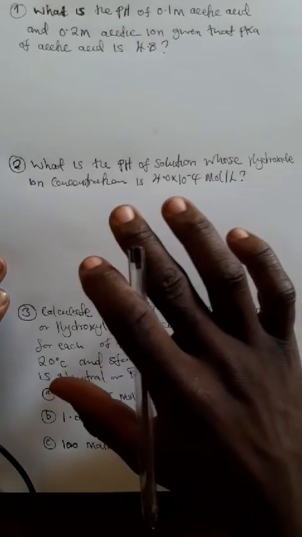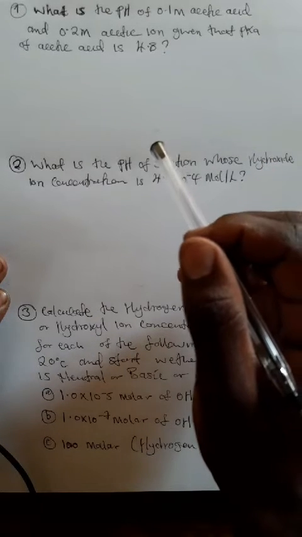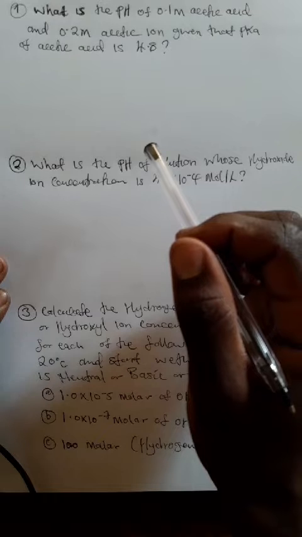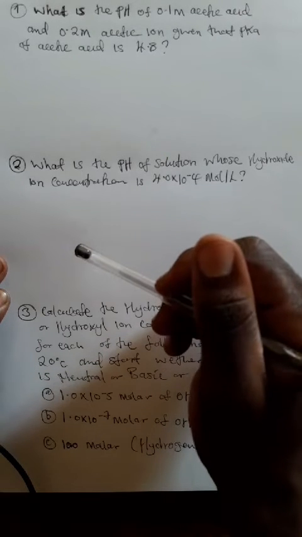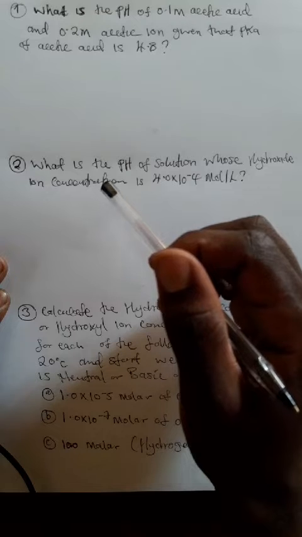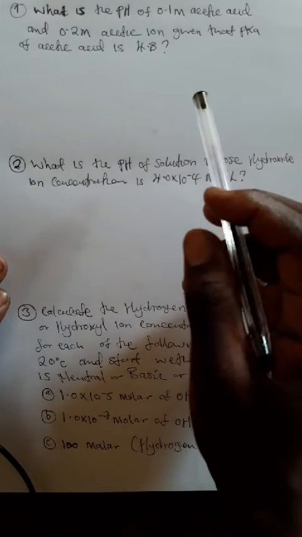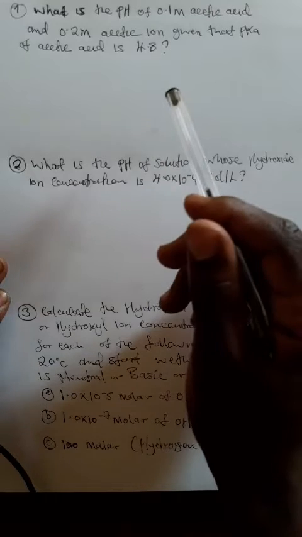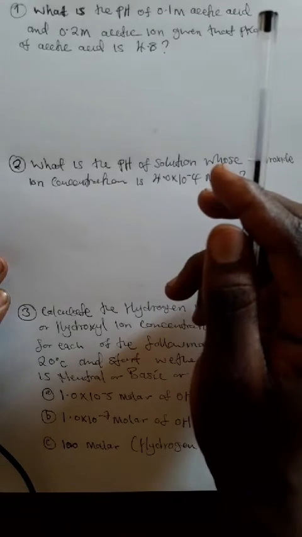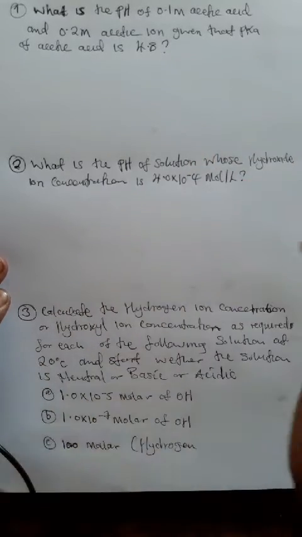deriving the formulas from. So now the first question says, what is the pH of 0.1 moles of acetic acid and 0.2 moles of acetic ion, given that pKa of acetic acid is 4.8? So now, what formula are you going to use? Remember, for you to know which formula to use, you need to consider the data that is being given.